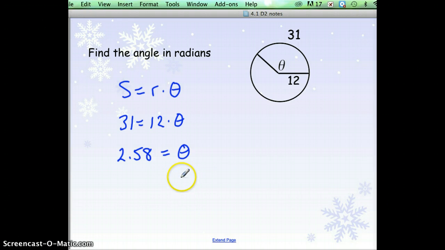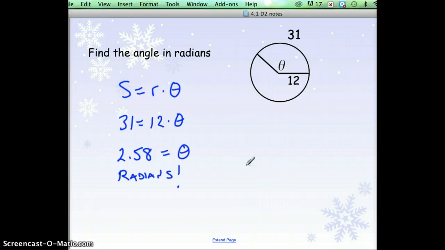Now what happens a lot to people is they look at that angle up there and they think, that doesn't look like 2.5 degrees. Well, it's not degrees, it's radians. This whole formula is based on the angle being in radians. 2.58 radians is like 140 something, right?